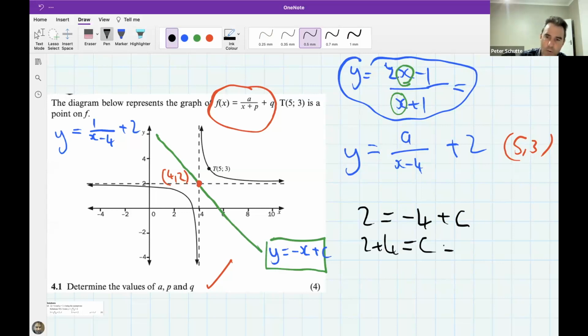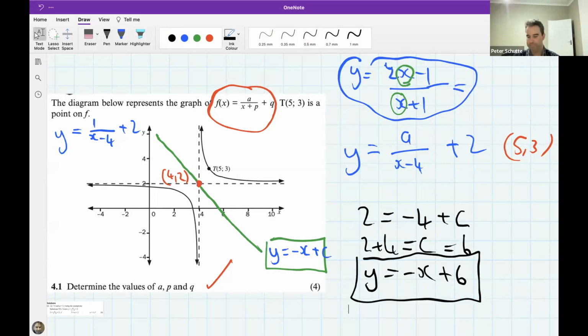So you just sub the point in and you get 6. And so the equation of the negative axis of symmetry is minus x plus 6. You see, it's not so bad. It's combining your knowledge of straight lines and mixing it in with your knowledge of hyperbolas.